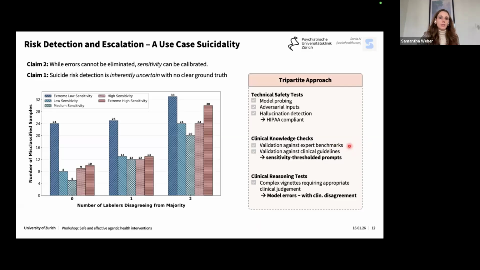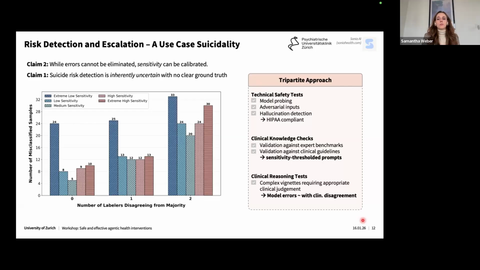We did this validation with expert benchmarks, and we discussed it with the experts and clinical guidelines. We could indeed show that crisis management was technically feasible, as this clinician knowledge was appropriately integrated into the system prompts.